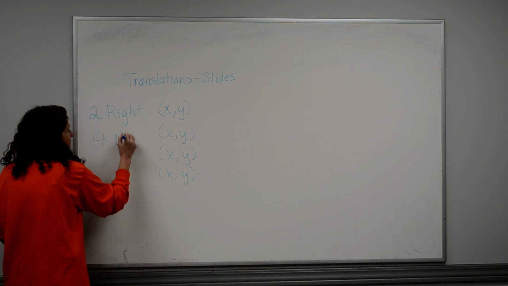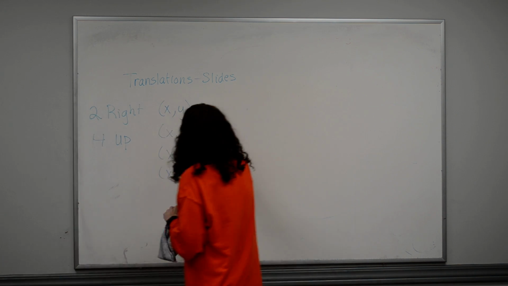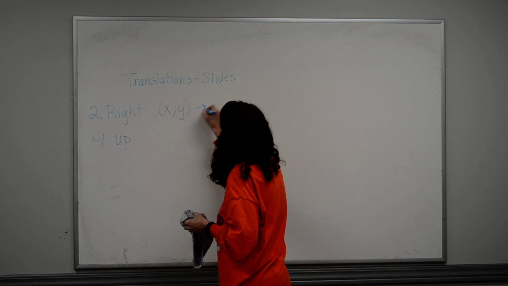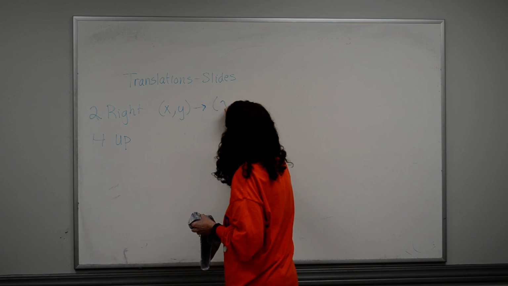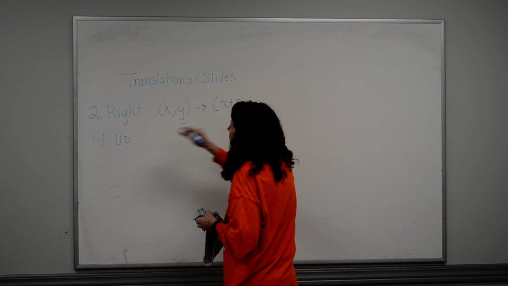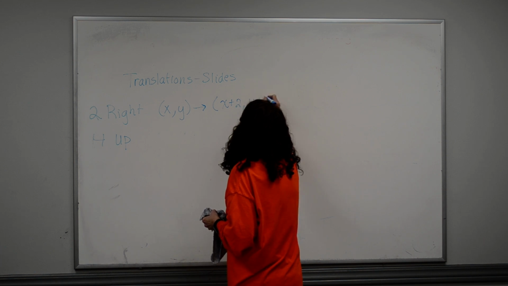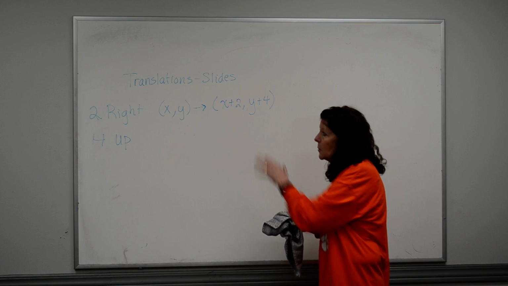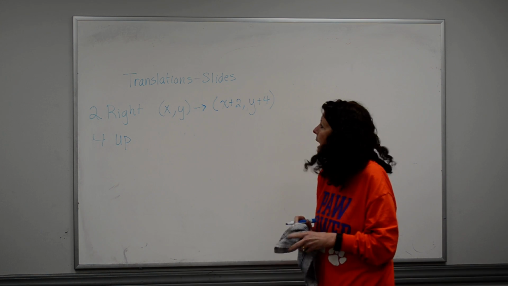So you would add 2 to the x values, and you would add 4 to the y values. You would do that for every x you had and every y you had.